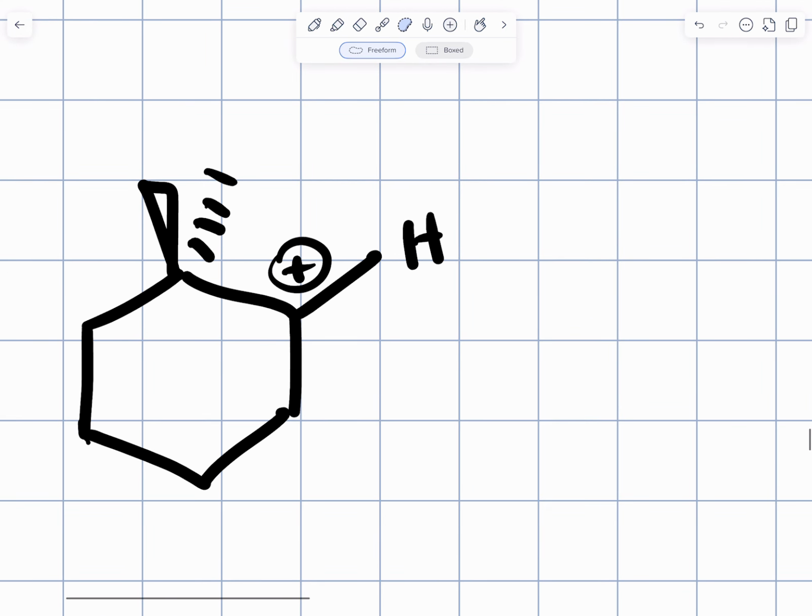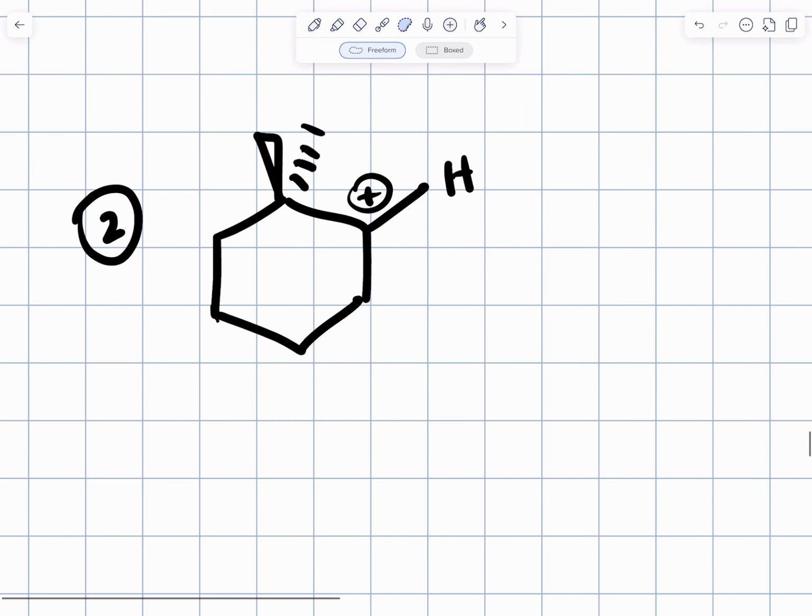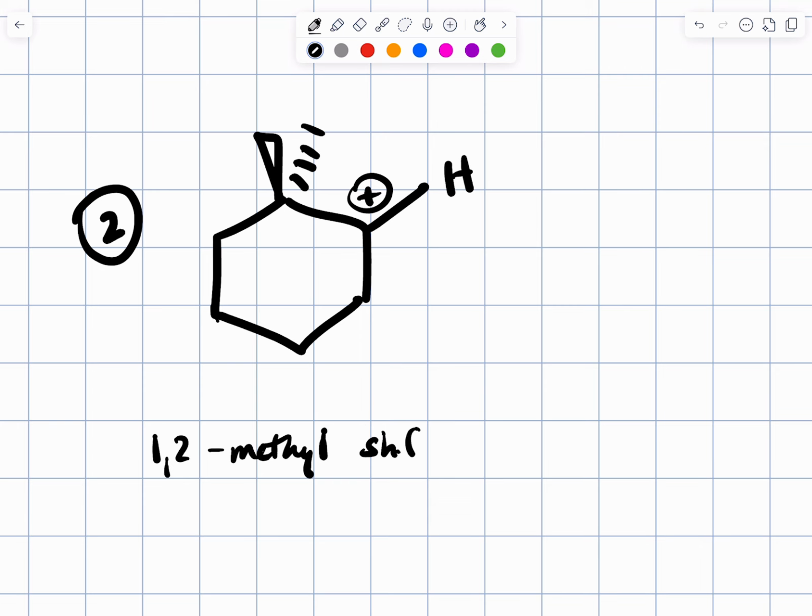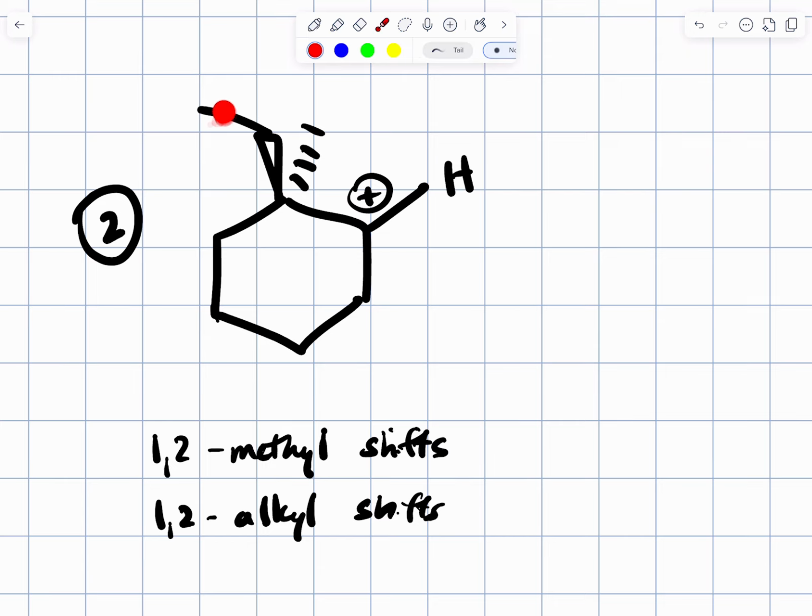So I told you before about the possibility of 1,2 methyl shifts and 1,2 hydride shifts, but now we're going to consider 1,2 alkyl shifts. If this methyl group were something else, if it were, say, an ethyl group, could it still move over? It's fine, it just leans over and whatever else it's attached to comes with it, right?